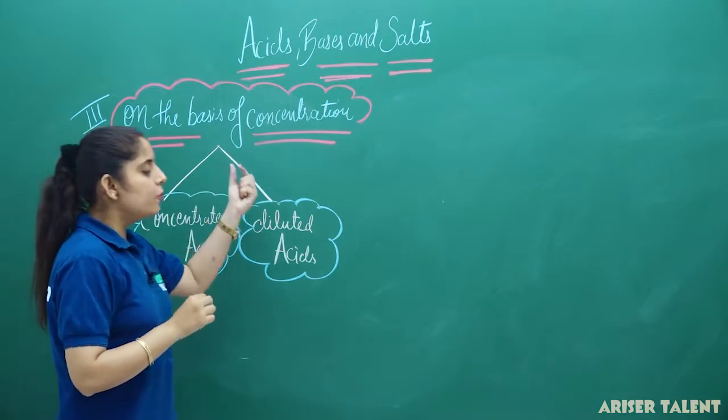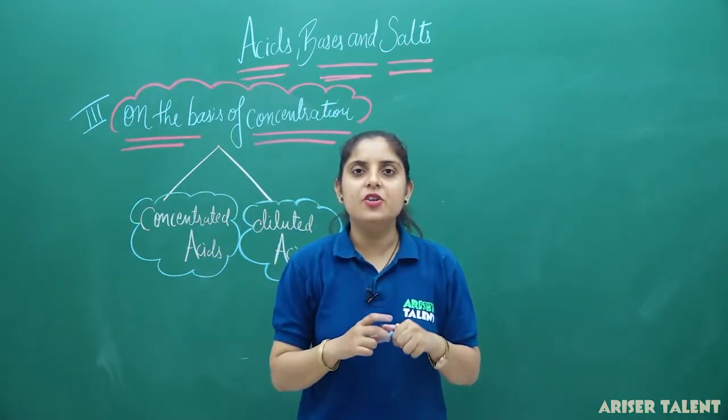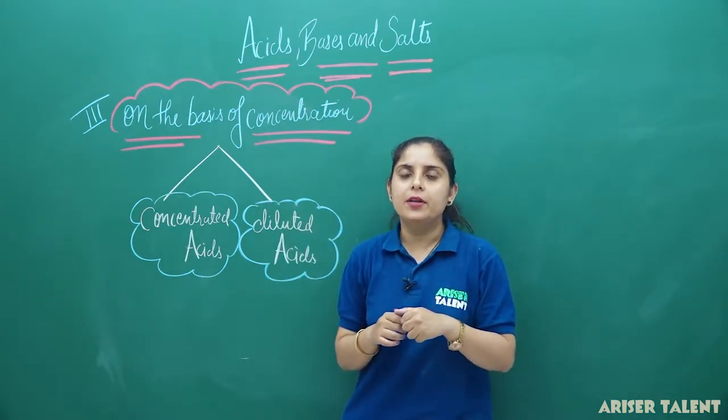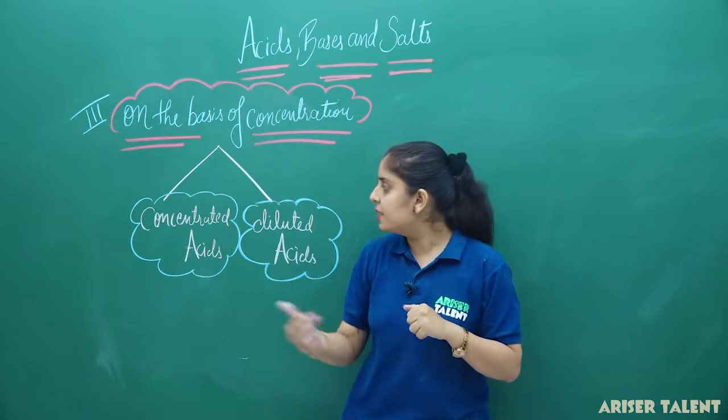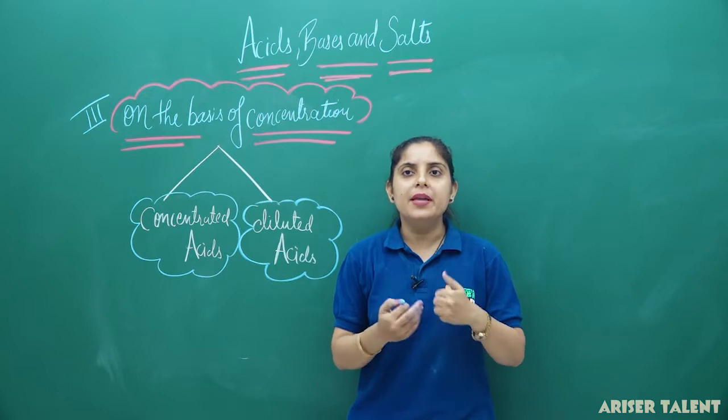Now what you can identify on the basis of concentration? On the basis of concentration means acids which are going to contain less quantity of water. If water is not present in any acid, it can be the concentrated. But if you mix the water with the acid, you can make it diluted.